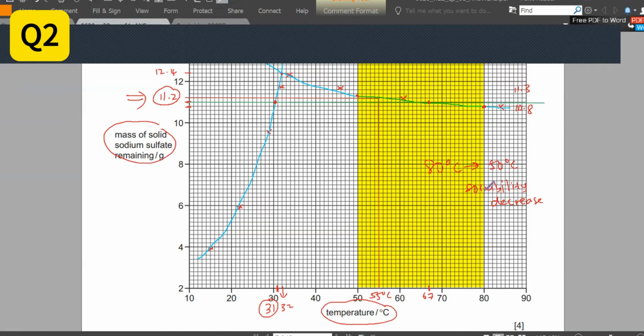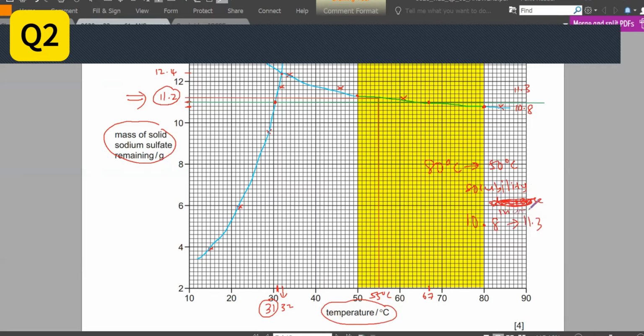Normally, when we increase the temperature, the solubility will increase, but this is the other way around. Going from 80 to 50, the solubility increases from 10.8 to 11.3.